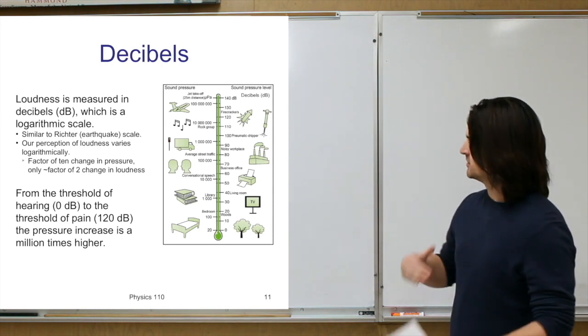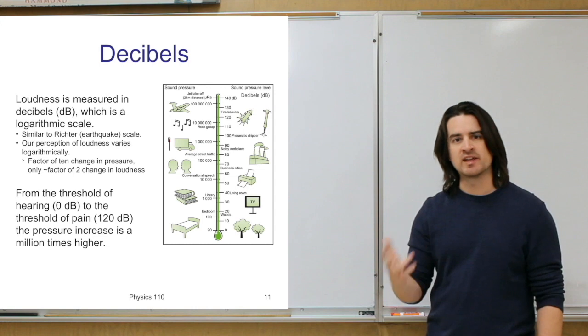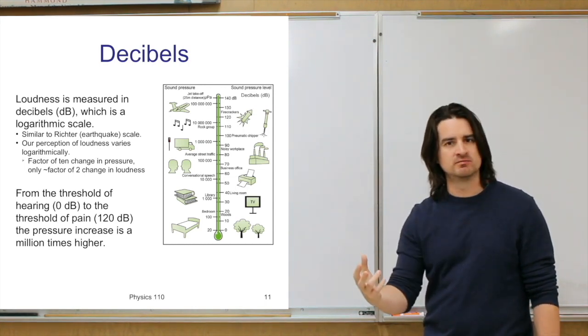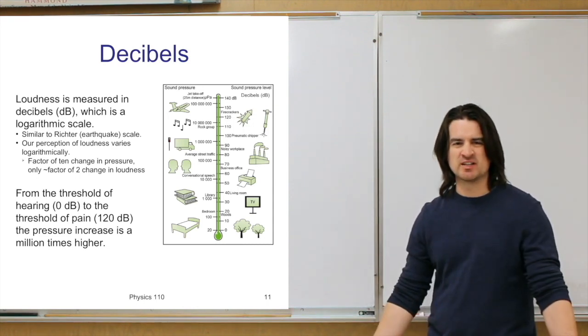So we talked a lot about different sounds, but when it comes to describing the loudness of a sound, we could talk about it as the peak in pressure, but it turns out those numbers aren't very nice.